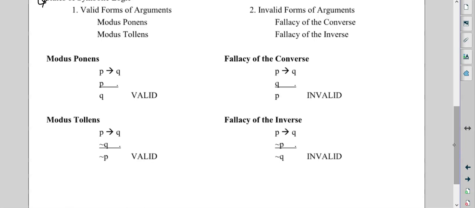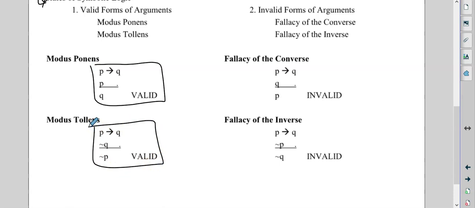So modus ponens means if P then Q, P, that's our other premise, leads to Q. That's valid. Modus tollens is if P then Q, not Q, we can conclude not P, also valid.